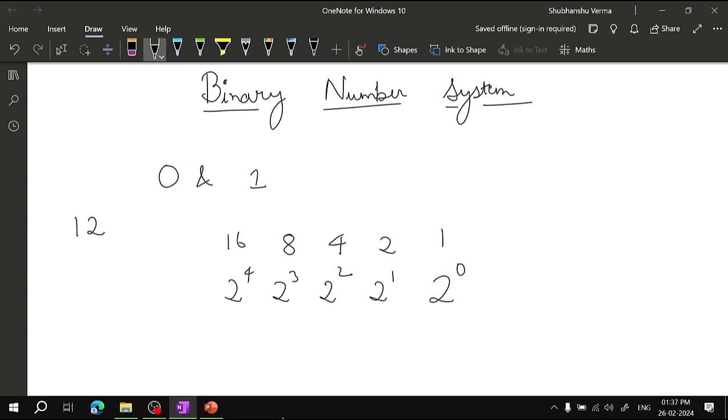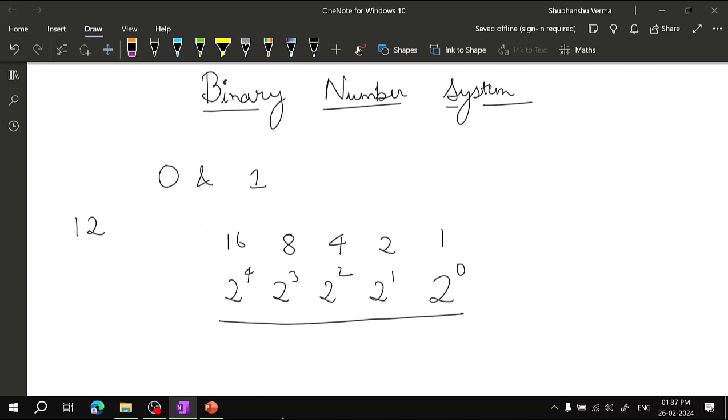Once input to the device, it will check against these bases. Now the device compares things in a way. Is it possible to fit 16 into 12? No, it's not possible. But it's for sure possible that 8 is a good fit into 12.